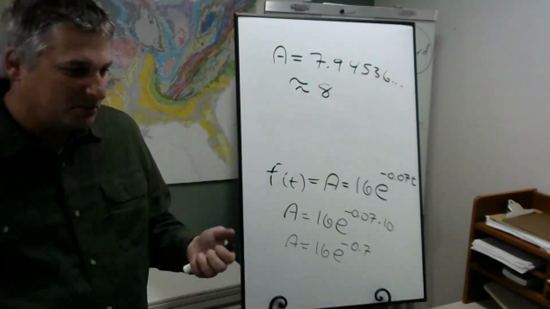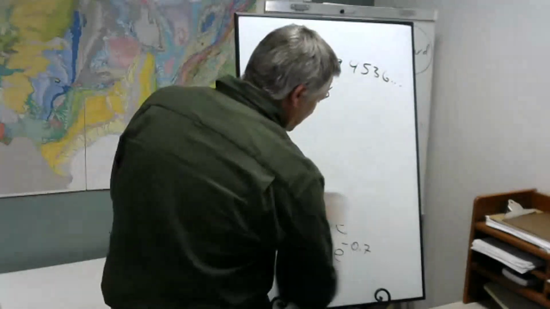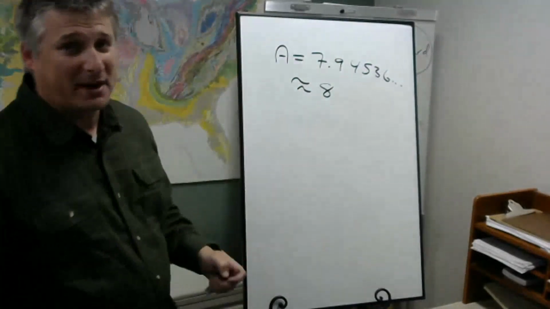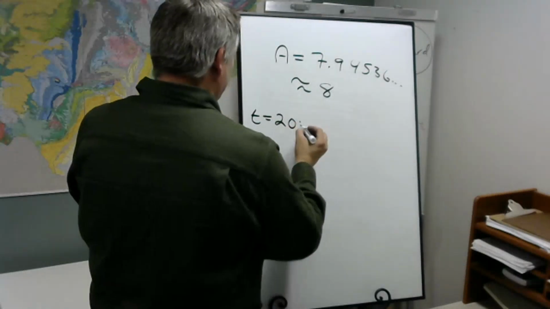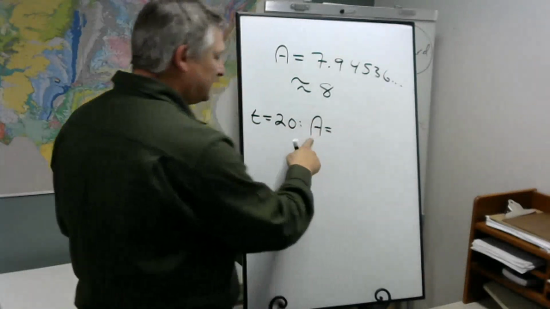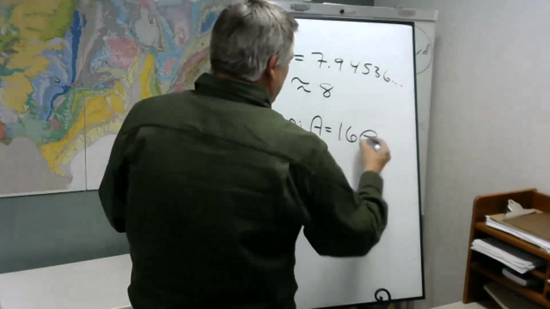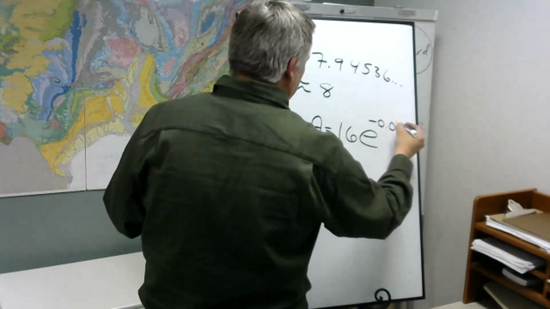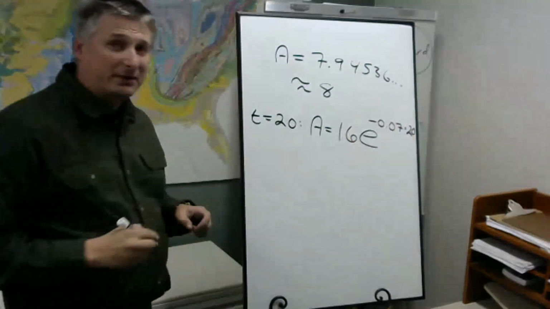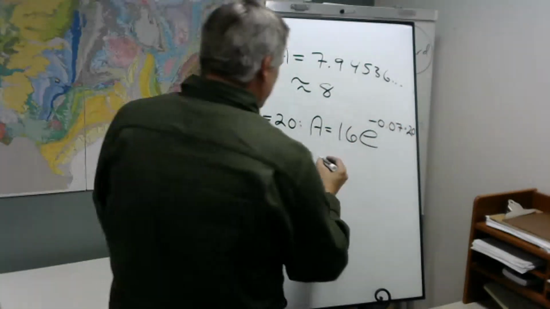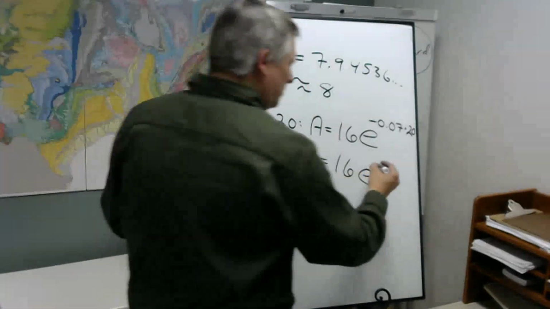So let's ask a little more technical question. How much of this will be there after 20 seconds? Well, again, f of t, we'll call it A. Use the same formula. Now we're multiplying K by 20 seconds. So we get 16 E, and it's going to be negative 1.4.